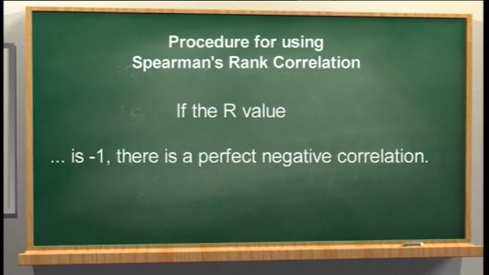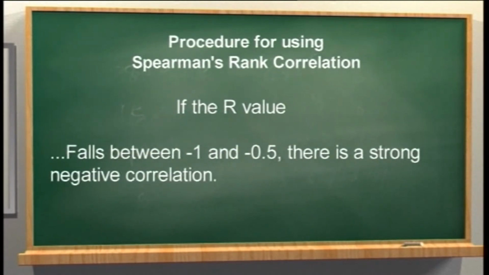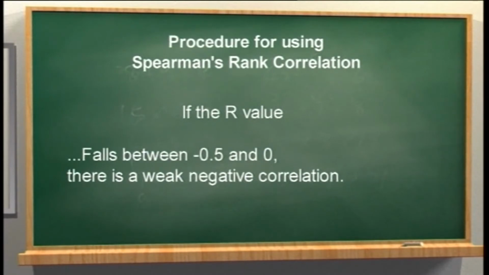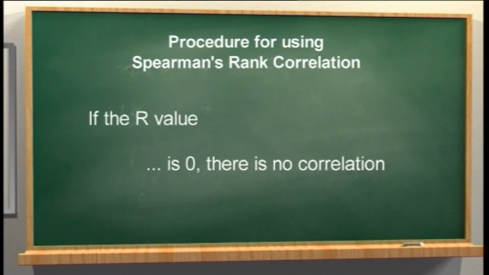If the R value is -1, there is a perfect negative correlation. If it falls between -1 and -0.5, there is a strong negative correlation. If it falls between -0.5 and 0, there is a weak negative correlation, and if the value is 0, there is no correlation.